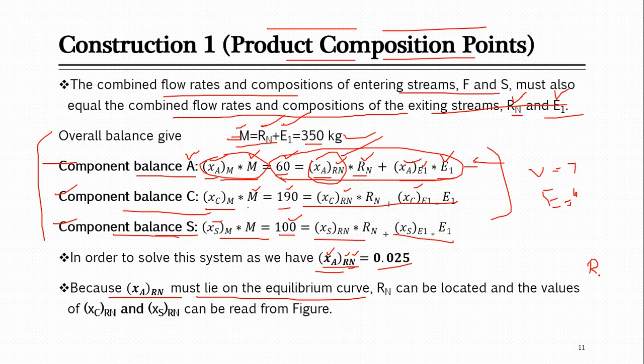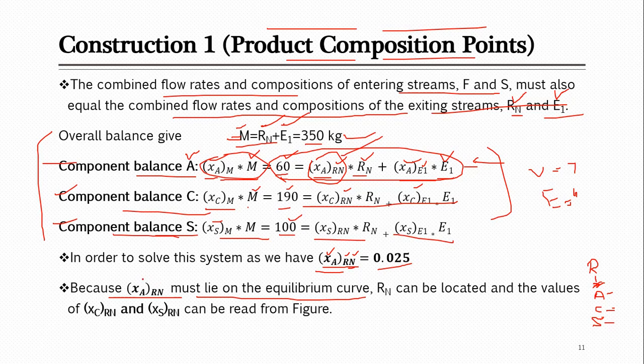When you located R on the diagram, you found the composition: R will contain 3 components, here A, C and S. We could read them when we located R on the diagram with the help of simple tie lines in a one-stage system. This is a ternary system, so you have A, C and S. In a similar manner here, if I locate this one component of the raffinate, it will lie on the equilibrium curve, because we are talking about a system in which your mixture is separated into the raffinate and extract, and that will be at equilibrium.